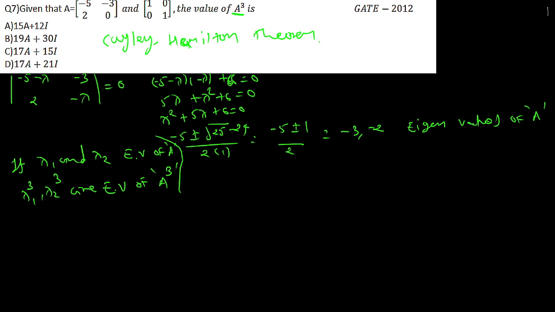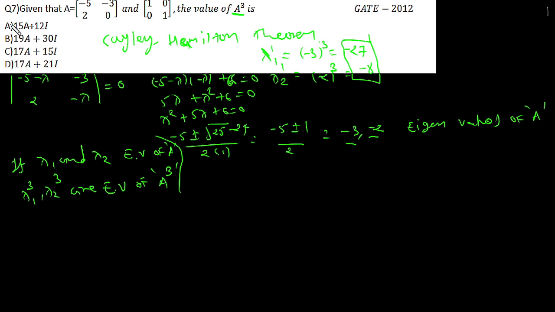So we already found the eigenvalues of A, and we just have to cube them. Let's denote lambda 1 dash for A cube: minus 3 cube is minus 27. Lambda 2 dash is minus 2 cube, which is minus 8. So we have found the eigenvalues of A cube.